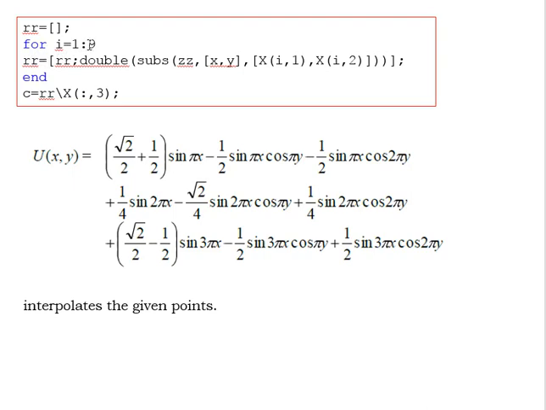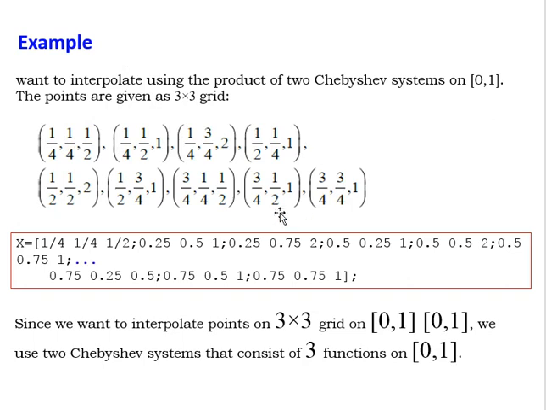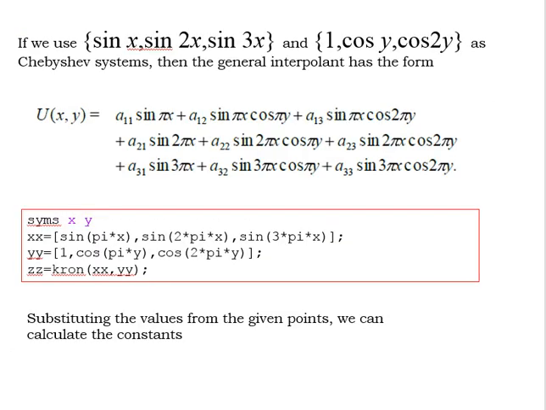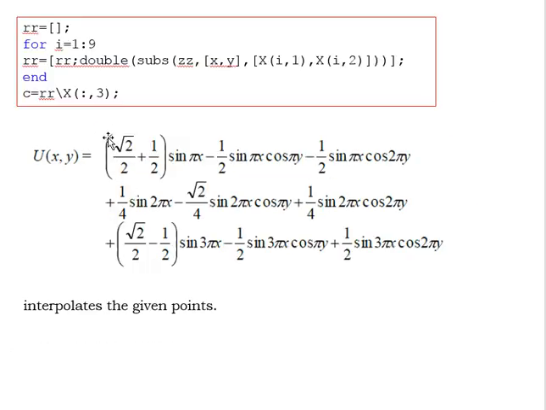Of course, we have 9 points, and by substituting, we have a matrix RR, and the left-hand side U is x3, the third coordinate of this system, and by RR backslash x3, we can get the constant C.